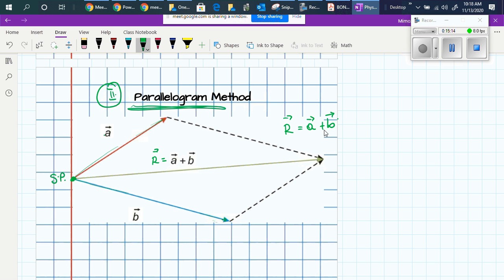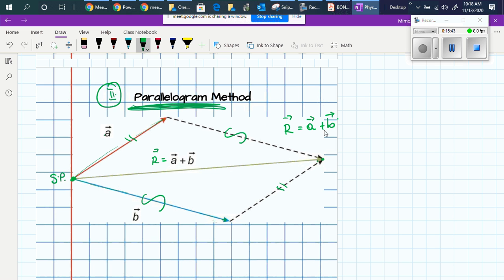So this side where vector A is will be equal to the opposite side and parallel at the same time. And this side where vector B is will be equal and parallel to the opposite side. Now, those two lines will intersect at a point. Then, starting at the starting point, as I said, everything in the parallelogram method starts at the starting point.